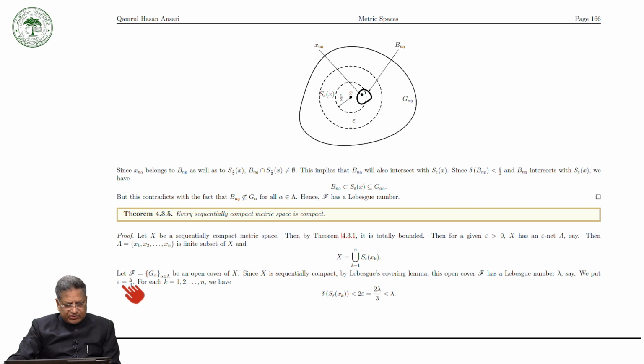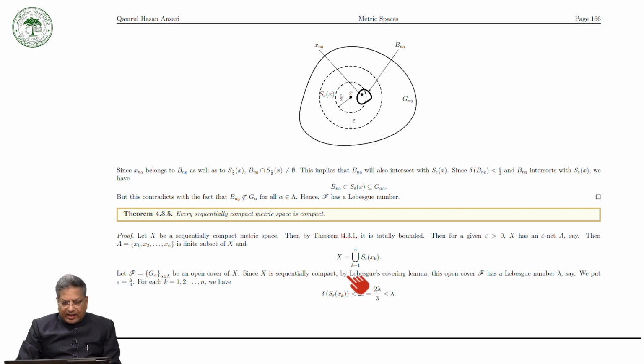But we are assuming that epsilon is equal to lambda by 3, so this is equal to 2 lambda by 3, and 2 lambda by 3 is less than lambda. So it means that the diameter of each open sphere with center at xk and radius epsilon is less than lambda.